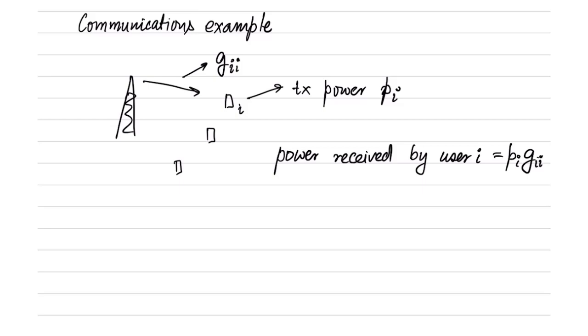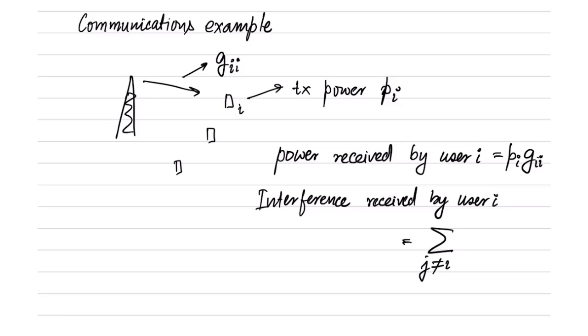So for that interference, the interference received by user i is given by summation over j not equal to i of all the powers that were transmitted to other users, Pj times Gij, where Gij is measuring the leakage of the power from user j to user i.